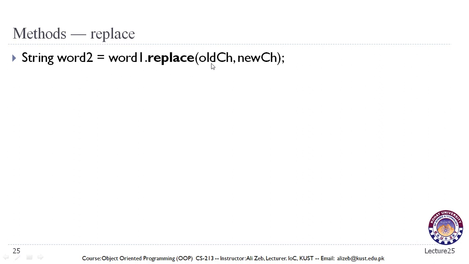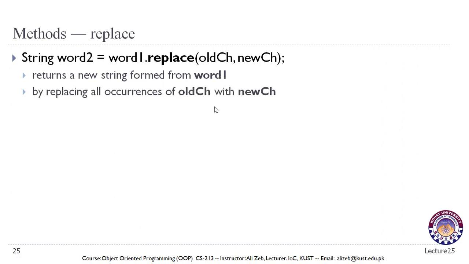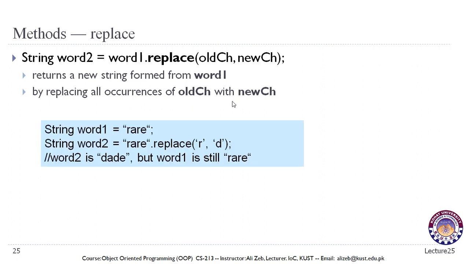What you should do is pass the old character and the new character that you want to replace it with to the replace method on word1 or any string that you want to change. Then it returns a new string formed from word1, and the new string will have replaced all occurrences of the old character with the new character.